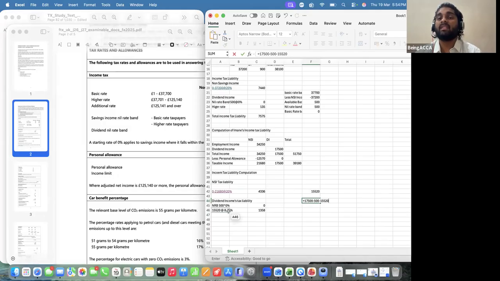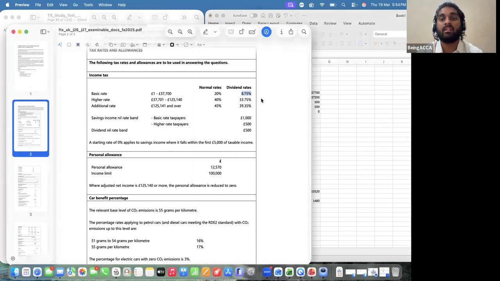So what is that leading to? 1,480 pounds in the dividend income should be taxed at the higher rate band because 37,700 has been exhausted at this place, which means it should be taxed at not 40%, but it will be taxed at 33.75%.